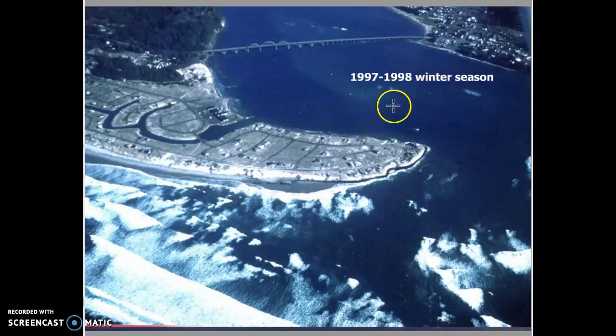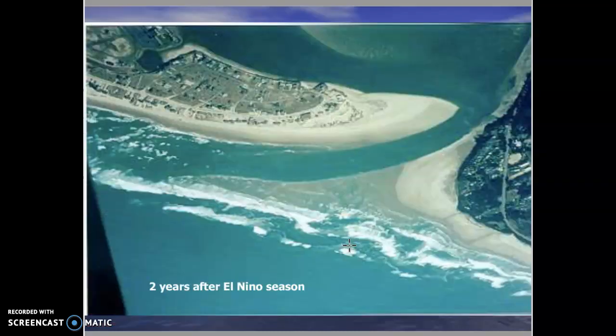The other picture was looking at it from this angle. But that wide beach area was here. It's all been eroded away, and the homes that were on the edge of the vegetated area are vulnerable to erosion. And then 2 years after the El Nino season, sand was coming back. I know the pictures are a little wonky. I apologize for that.